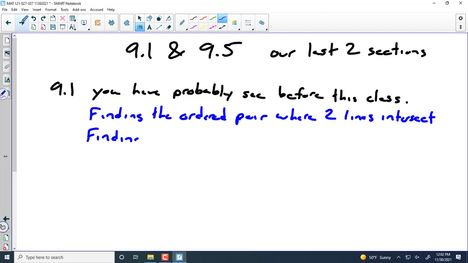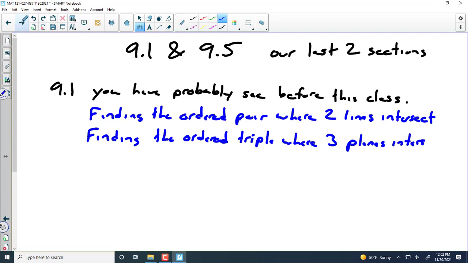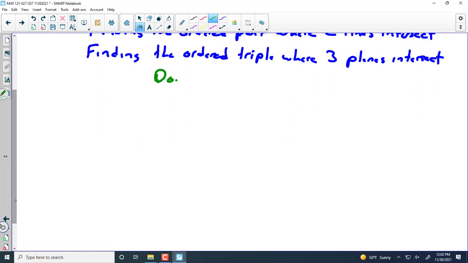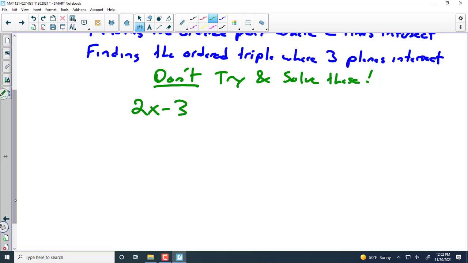or finding the ordered triple where three planes intersect. Do not try to solve these two problems I'm about to write up here, because I'm just going to make some stuff up, and I don't have any idea if the answers work out badly or well.